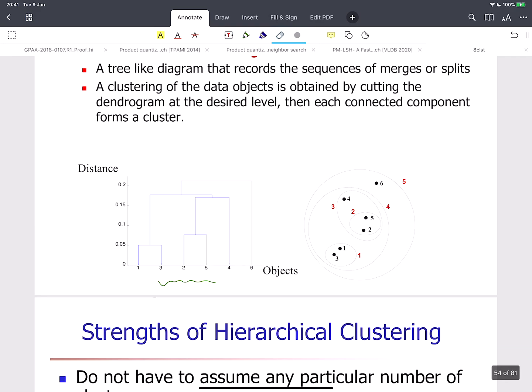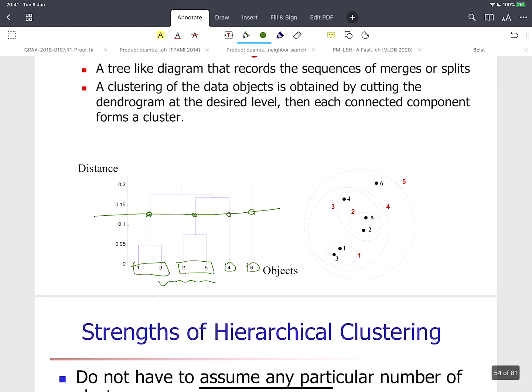But the general idea is that once you have a dendrogram, you can make any cut on the y-axis, and in this case it gives you a valid clustering. So this means this is one cluster, one cluster, one cluster, and one cluster. One consists of 1 and 3, and another consists of 2, 5, and 4, and 6.